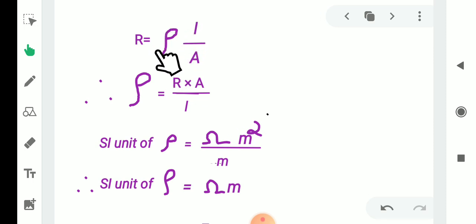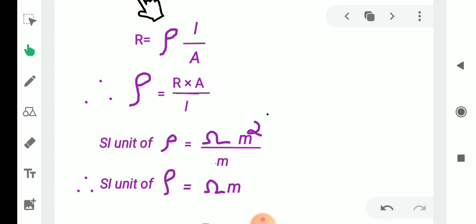So R is equal to a constant, that is resistivity. I'll explain what resistivity is later. So resistance R is equal to rho into L divided by A, where L is length and A is area of cross section of the wire.